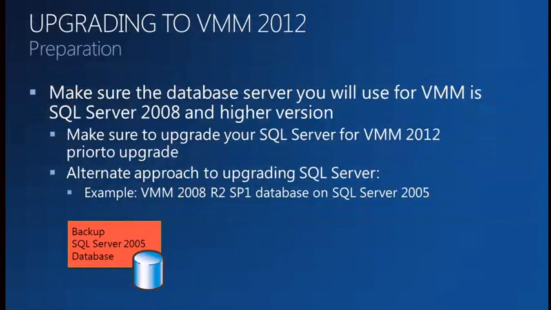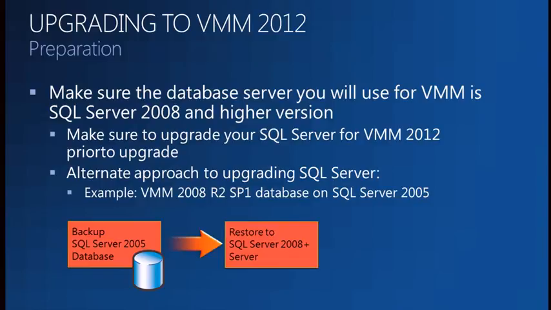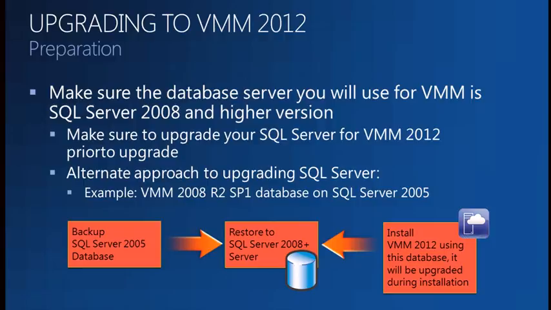All right, let's talk about upgrade for those who are running 2008 R2 today. First of all, make sure your SQL database is supported. More often than not, you're probably using SQL Server Express or SQL Server 2005. If you have any SQL Server 2005 instance, you would first have to upgrade your SQL Server in place to SQL Server 2008, or you can take a backup of the database, install a new SQL Server 2008 or above, and then restore that database onto the new SQL Server, and then use this SQL Server with your VMM 2012 installation.